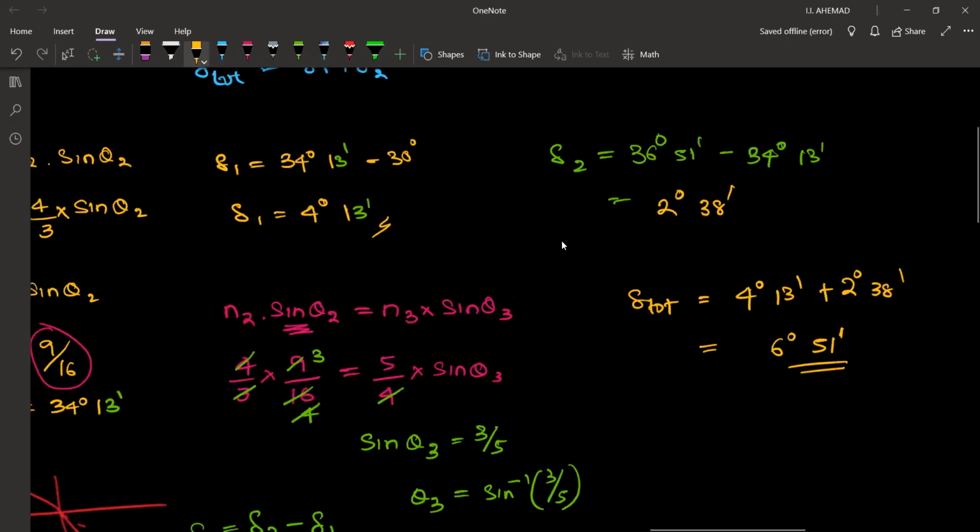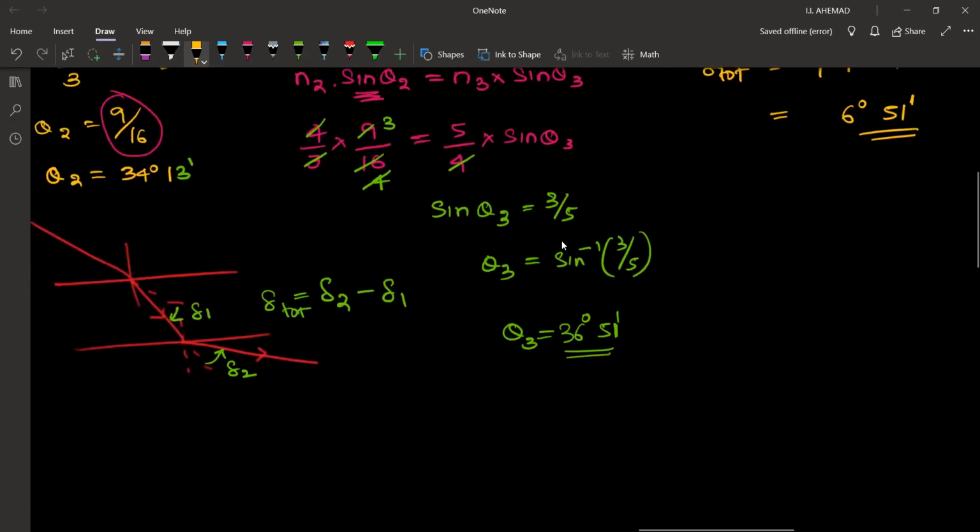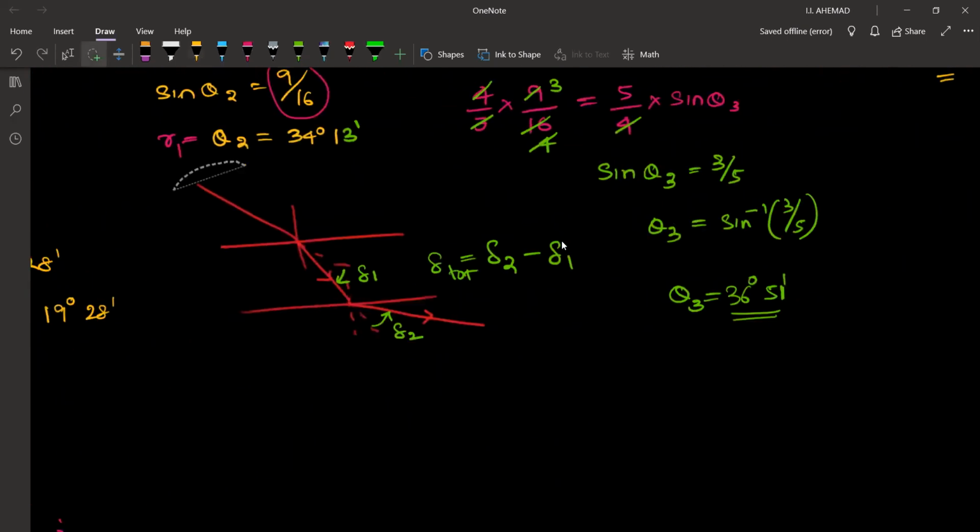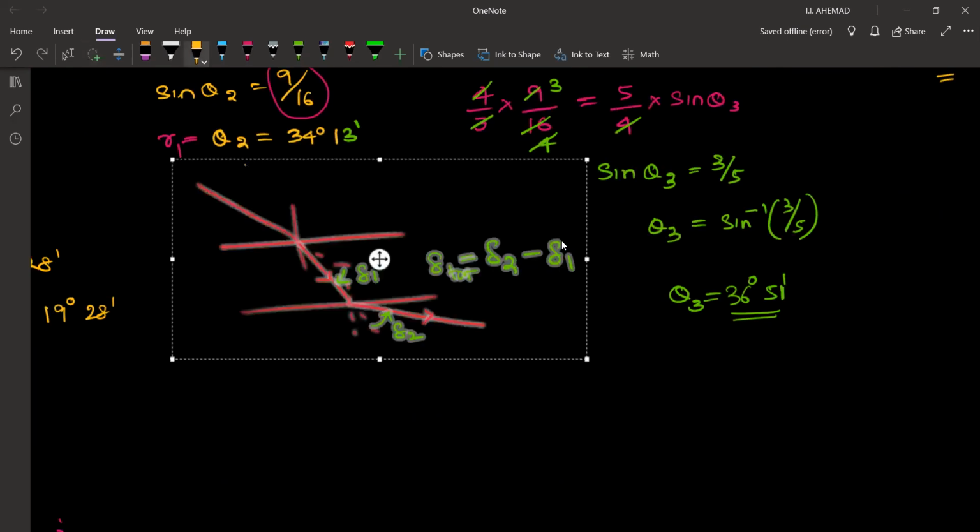How about Shaira and Najima? Clear? If you want, you can note this one also as an additional one.